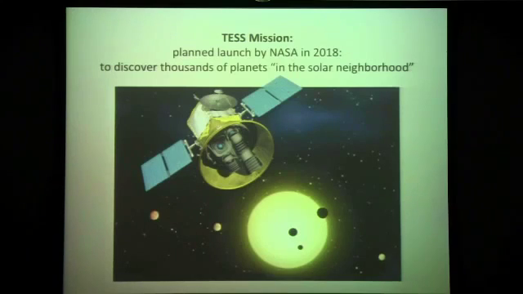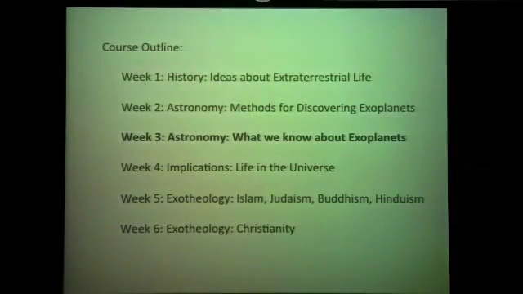Between Gaia and TESS and all the ground-based techniques, the radial velocity technique, the transit technique, the astrometry technique, we will have catalogs in the next decade with probably hundreds of thousands of planets known around other stars. So where are we?